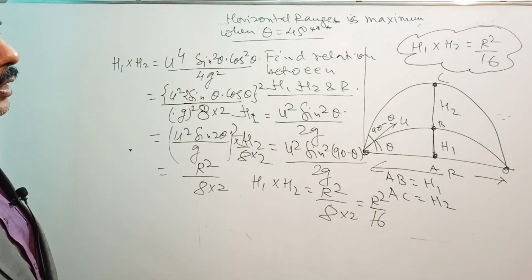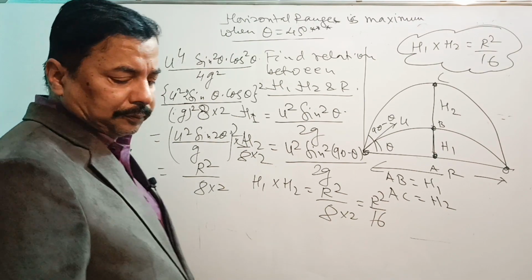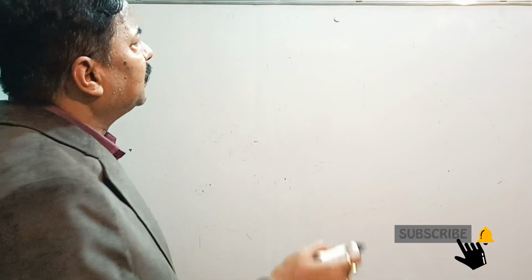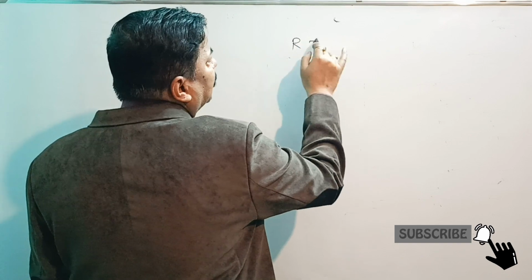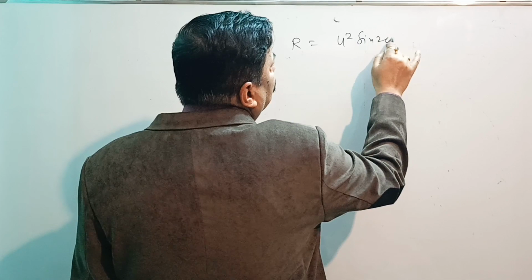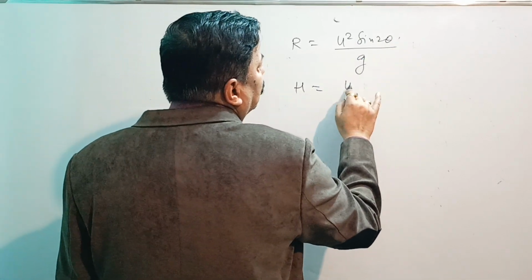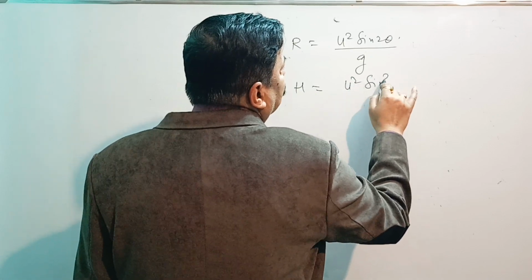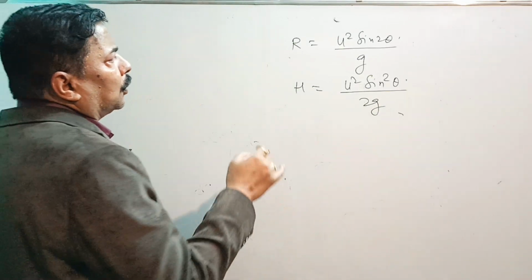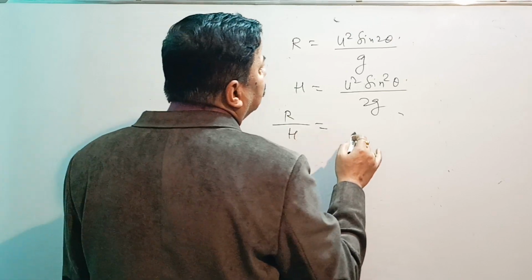So this relation is also very helpful for solving problems. Now let us discuss one more relation. R we have seen is u square sine 2 theta by g, and H we have seen is u square sine square theta by 2g. If we divide R by H, what are we getting?